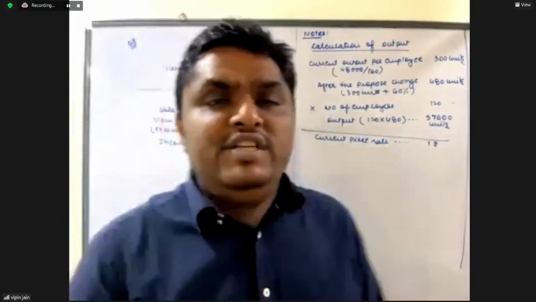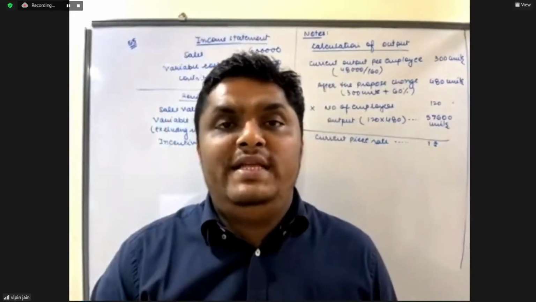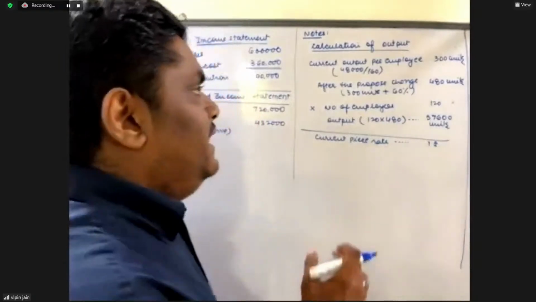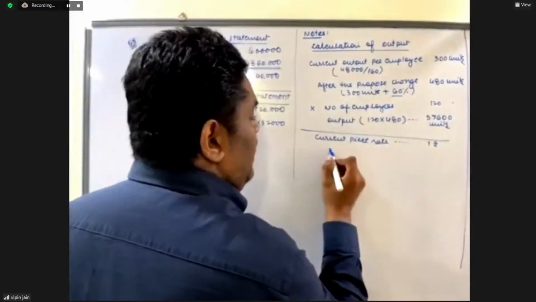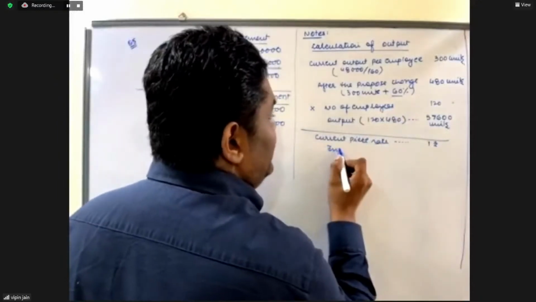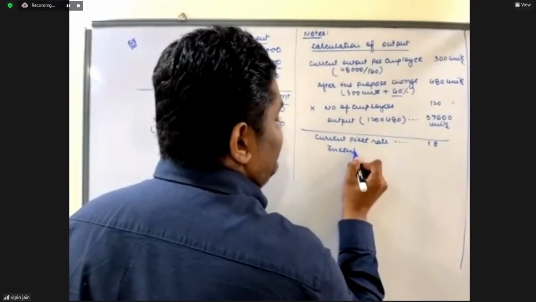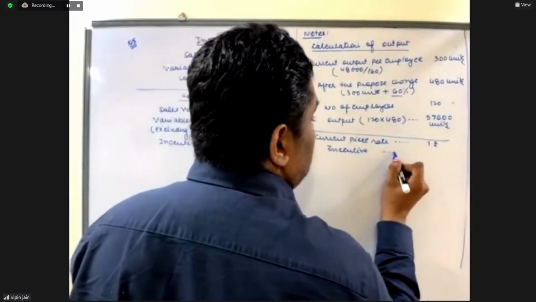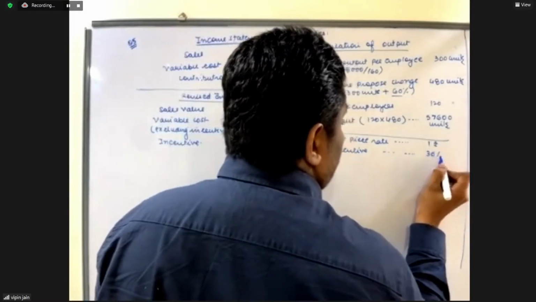It is given in the question that for every 2% increase in productivity, 1% will be the incentive. Herein, there is an increase in productivity of 60%, so the incentive will be 30%.